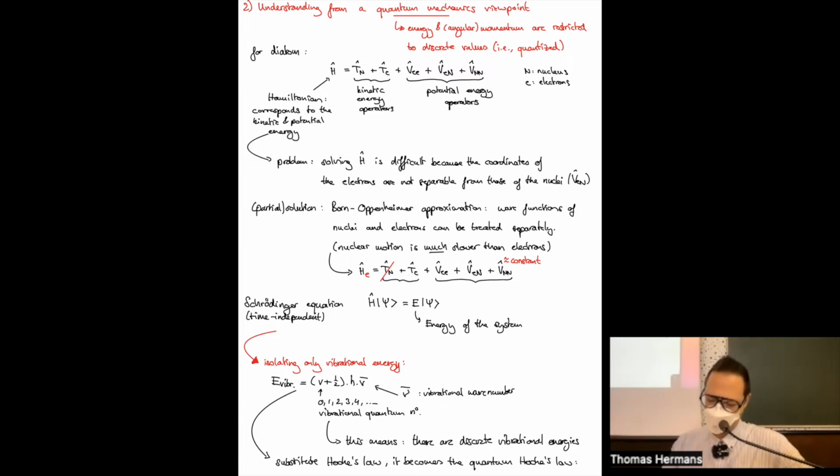Okay, so that of the nucleus and that of the electrons. And then these three are potential energy operators. Okay, so as you probably know, solving this Hamiltonian is incredibly difficult, right?